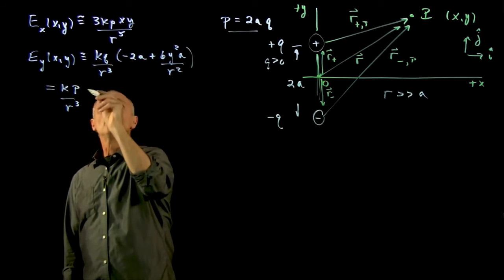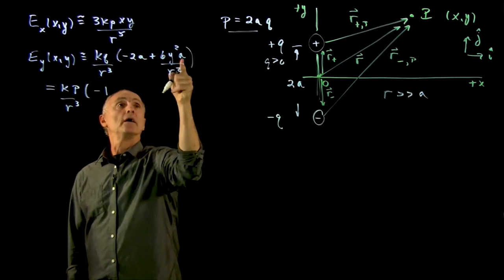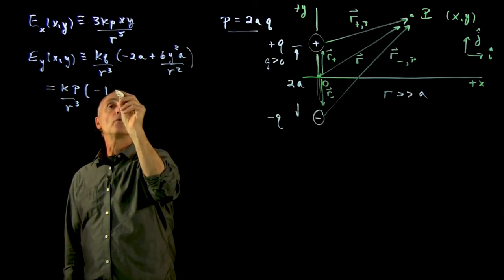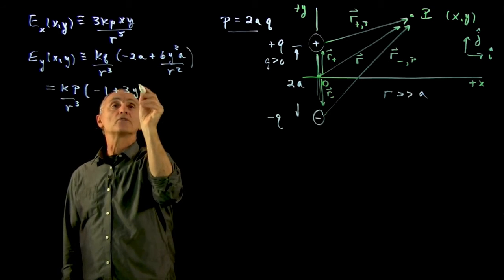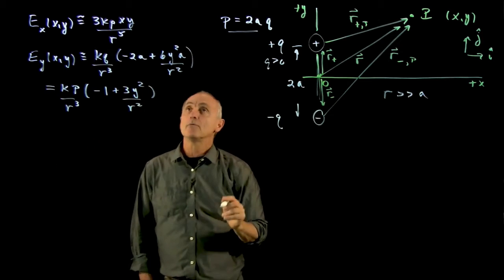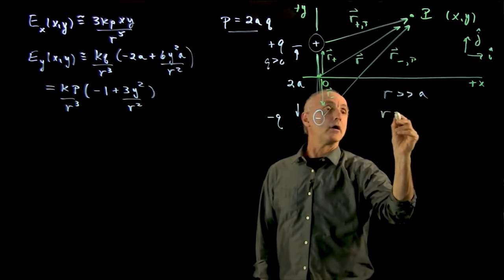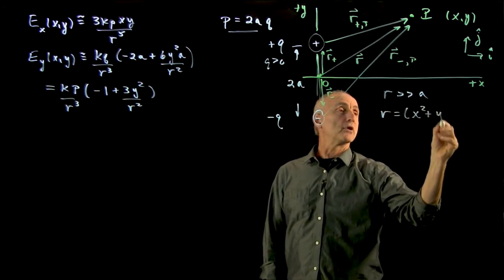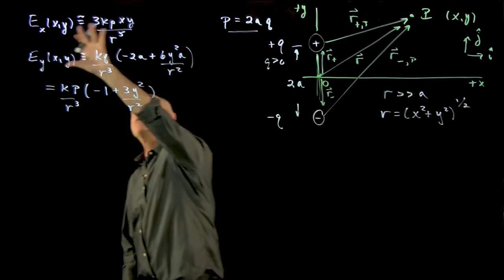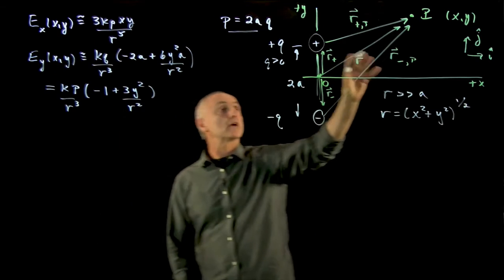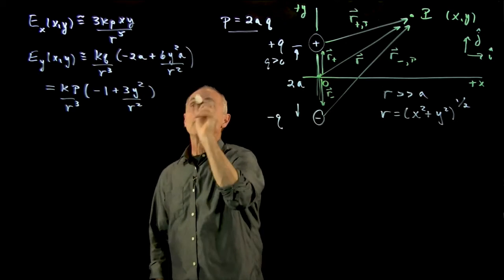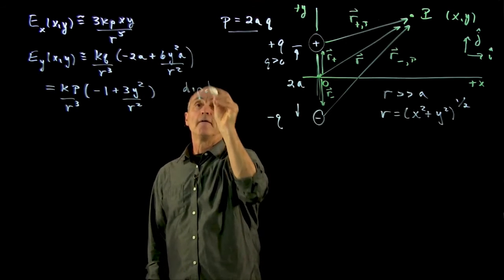We have a 2a, so there's a minus 1. There's a 2a in here times q, so we just have a 3y squared over r squared. And remember, in our result, r is equal to x squared plus y squared to the 1/2. And that's an expression for the x and y components of the electric field to leading order in our approximation. And this is what we call the dipole field.